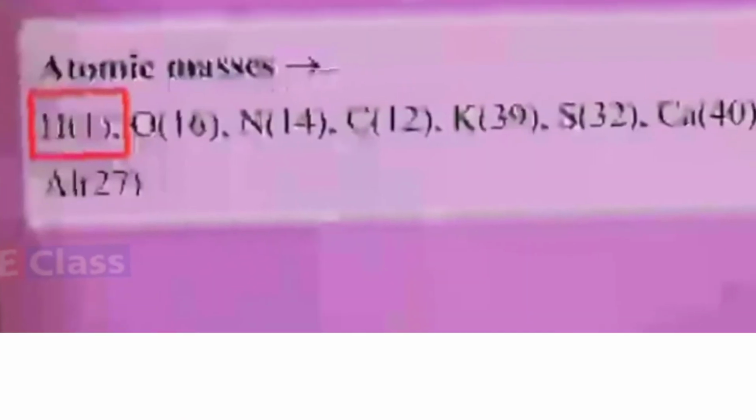In the brackets it is written: oxygen 16, nitrogen 14, carbon 12, potassium 39, sulfur 32, calcium 40, sodium 23, chlorine 35.5, magnesium 24, and last is aluminium, which is 27.